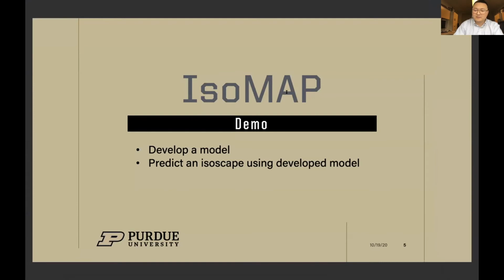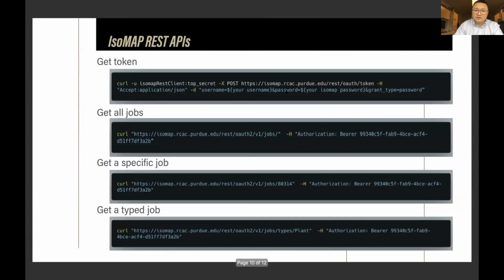Yeah, let's go there. We also provided the REST API as well. So our model and the prediction map results can be pulled from outside by using the IsoMAP ID and password.